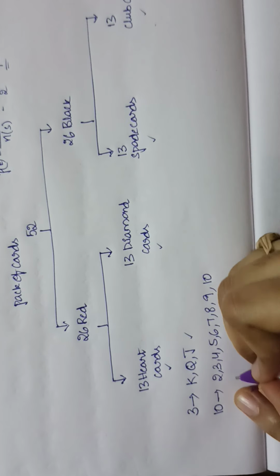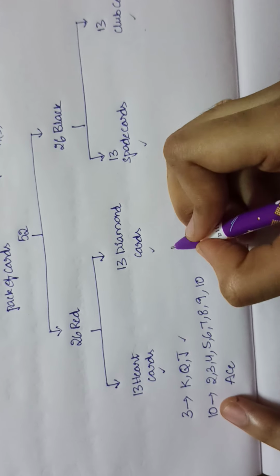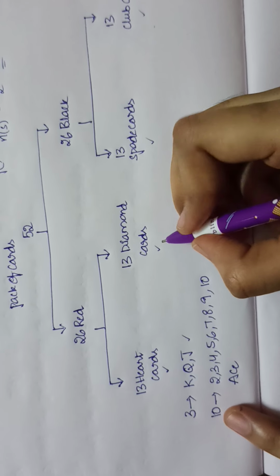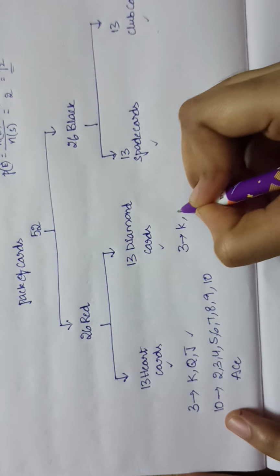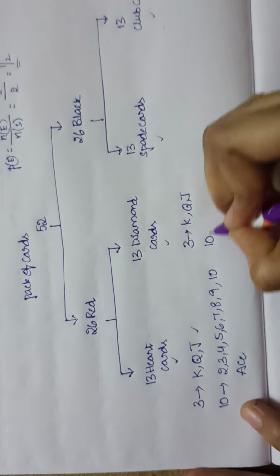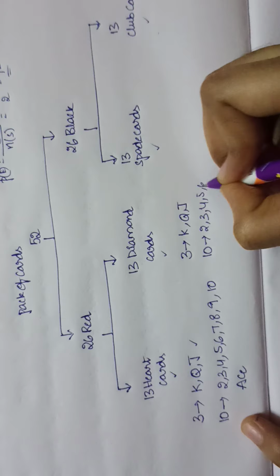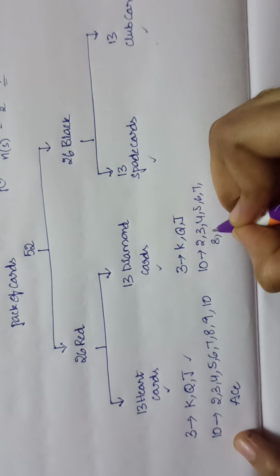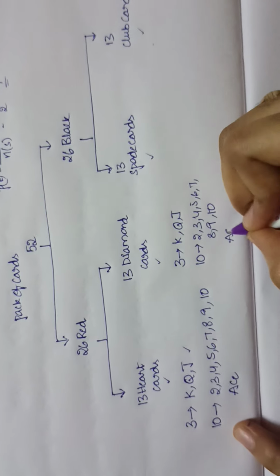And in place of 1 there will be an ace card. In a similar way, in diamond cards also there are 3 pictured cards. They are king, queen and jack. And numbered cards 2, 3, 4, 5, 6, 7, 8, 9 and 10. And in place of 1 there will be an ace card.